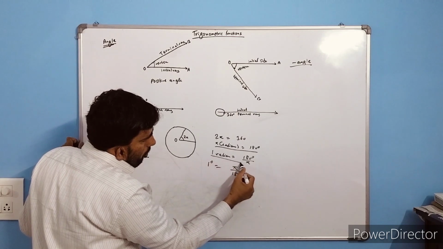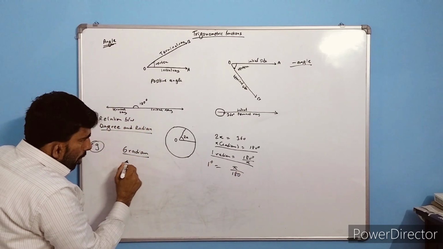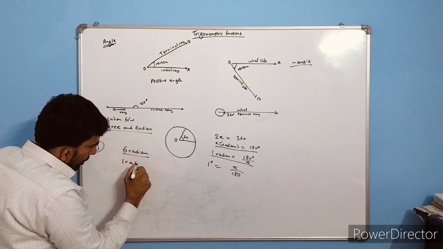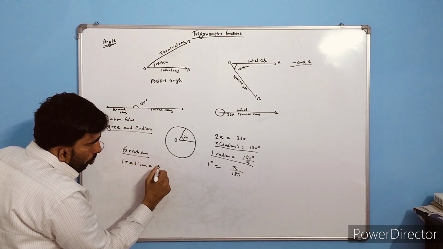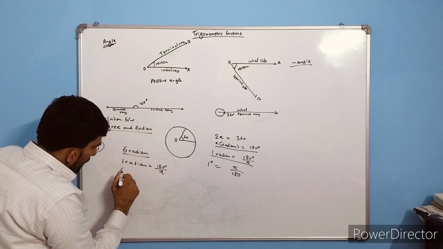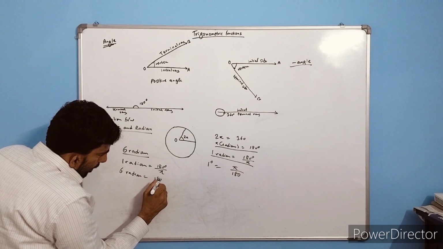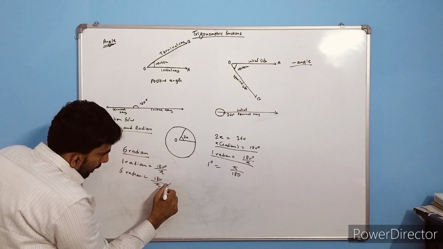So 1 radian is equal to 180 degrees upon pi, and 6 radian is equal to 180 degrees upon pi into 6.